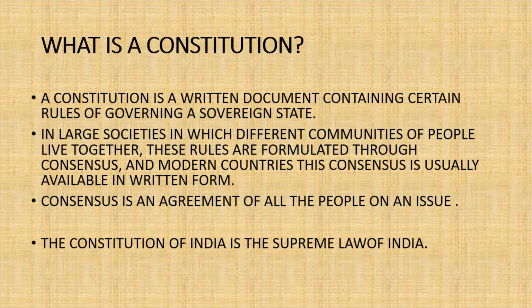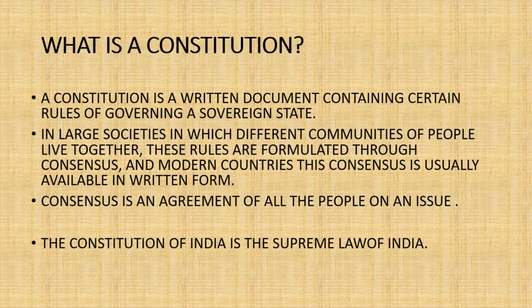Because India consists of people of various religions and all of them live together happily in India. Though they have different religions, they live together, right? So these rules are formulated through consensus. This consensus means agreement, common agreement. And in modern countries, this consensus is usually available in written form.